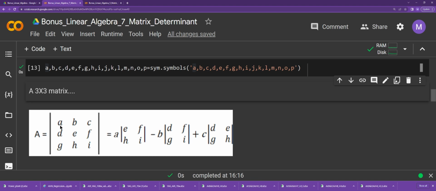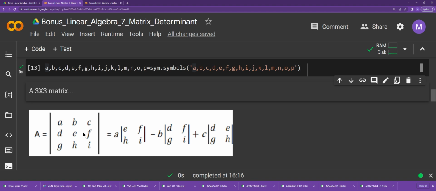Now, if you pay careful attention here, in the first row we have A, B, C, second row D, E, F, and third row G, H, I. Okay, and I want you to look and think. If you notice, I've picked A from here. That's A, and then there is another determinant associated with these elements, right? Okay.